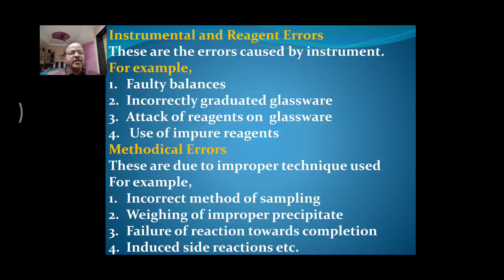If we use an incorrect method of sampling, then it will cause methodical error. Weighing of improper precipitate: the precipitate which is wet, which is not properly dried, if we take the weight of such precipitate and if it is mentioned in that method, it will create the methodical error.